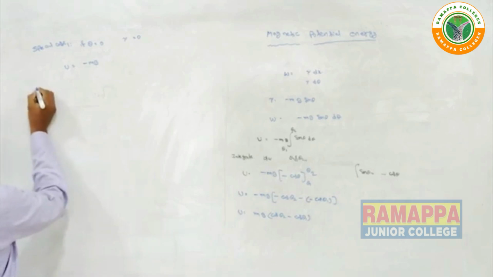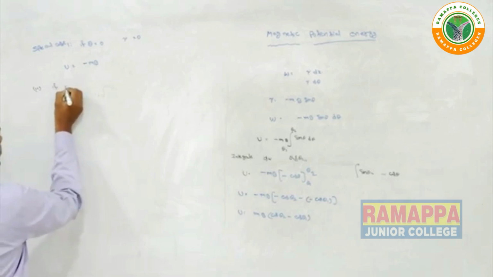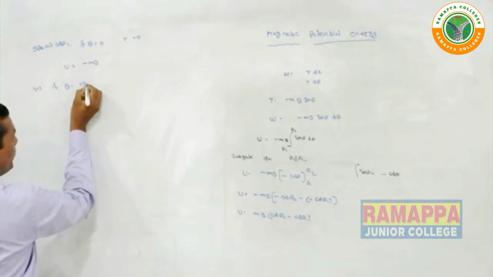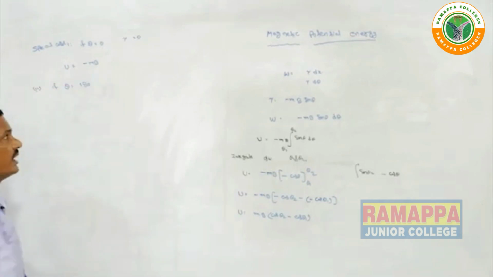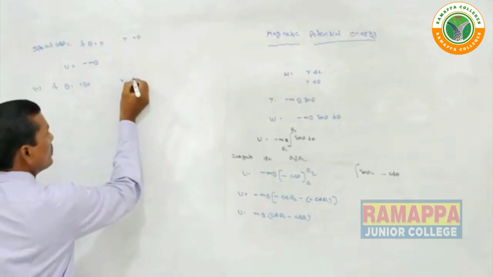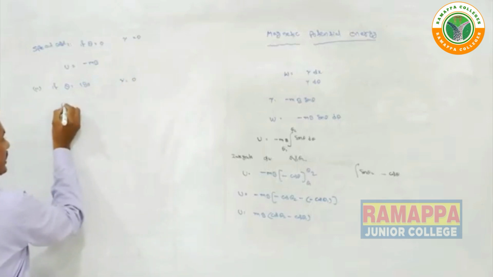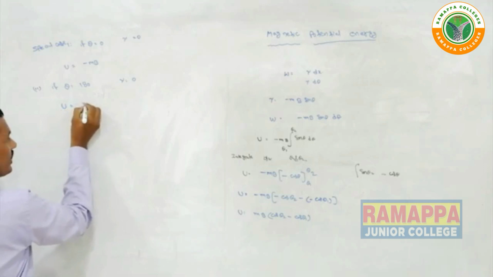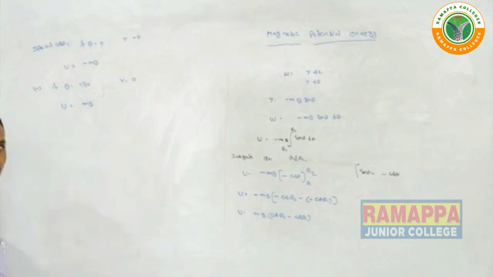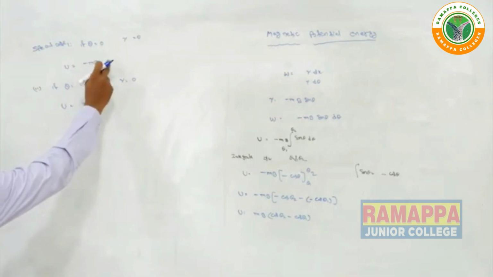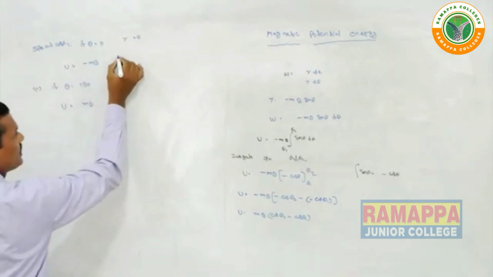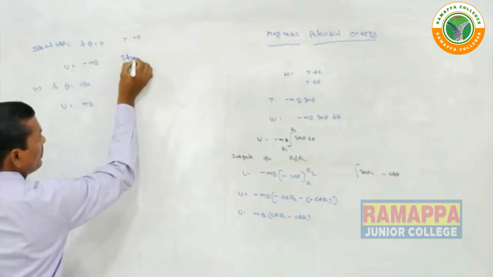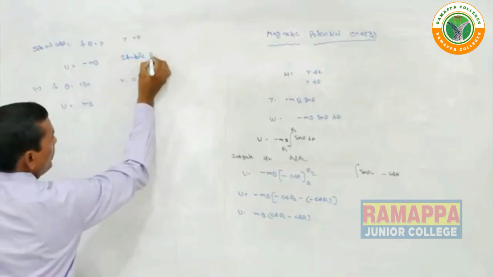Special case 2: if theta equals 180, tau is again 0 and magnetic potential energy U equals mB. We have to note one thing: this is a stable state.